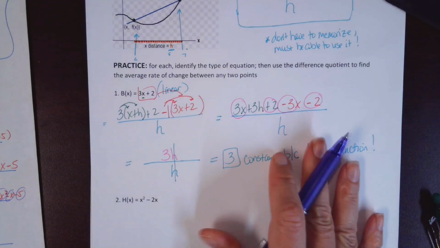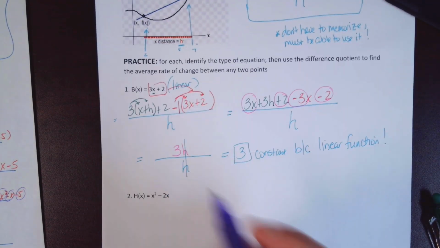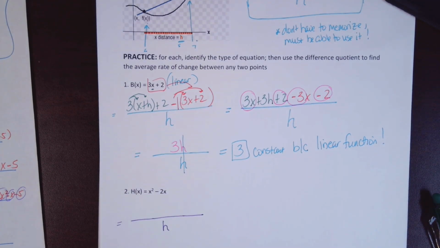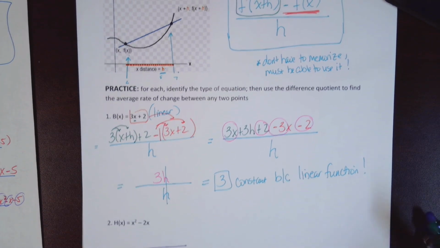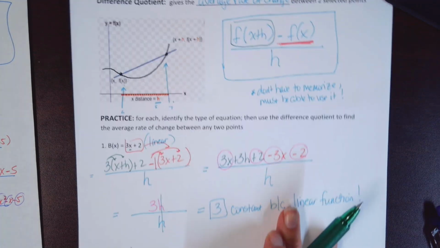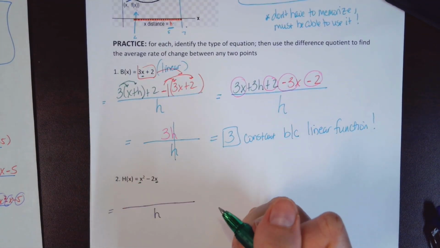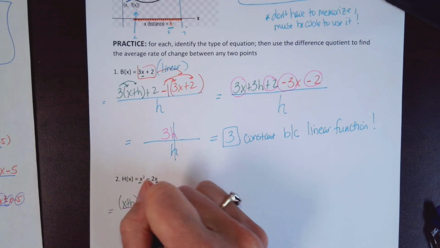Okay, so let's start out. We're using our difference quotient, our formula. It is always over h. Always, always. Then in my numerator, I start by taking my original function. Wherever there's an x, I replace it with x plus h. I have x in 2 places, so for both of those, I replace it with x plus h.